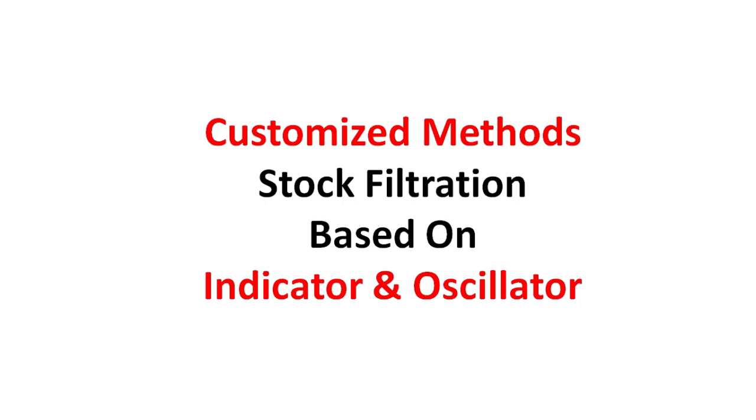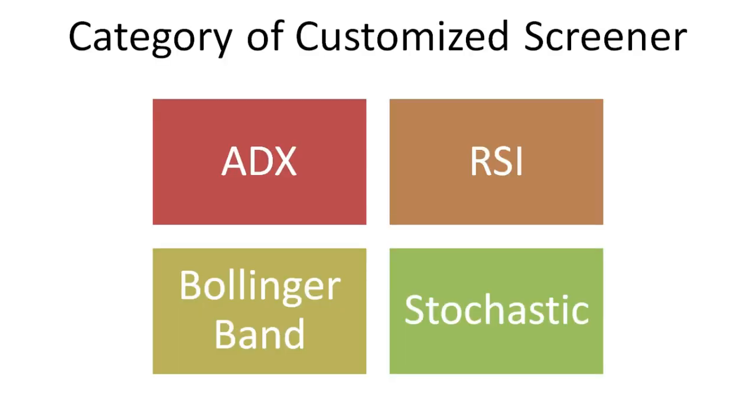In this lecture we are just covering four major categories of screener: ADX, Bollinger Band, RSI (Relative Strength Index), and Stochastic.